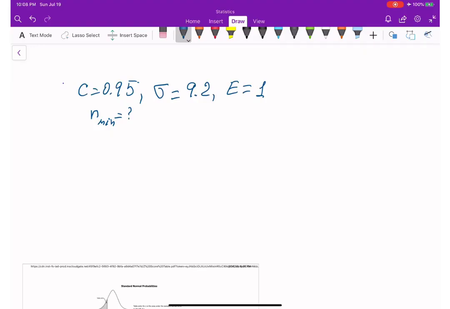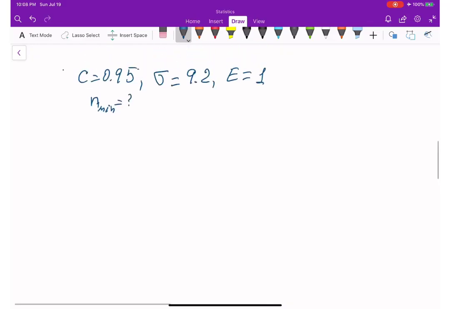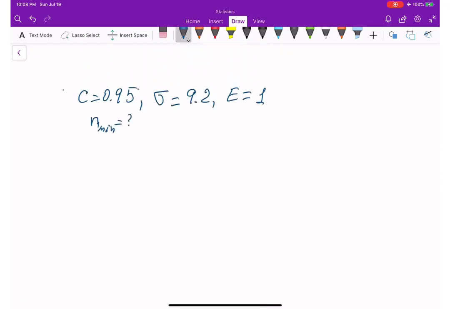So as I mentioned, we are solving the problem backwards, which means first let's write down the formula for your minimum sample size. N is equal, the formula for N is Z critical times sigma over margin of error, squared.